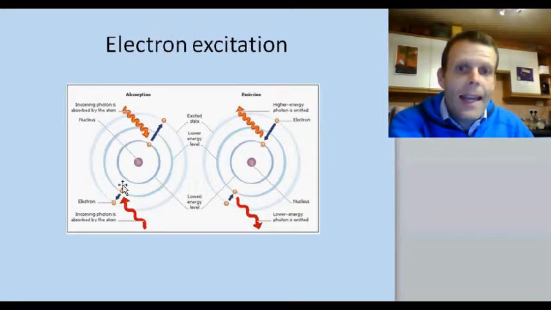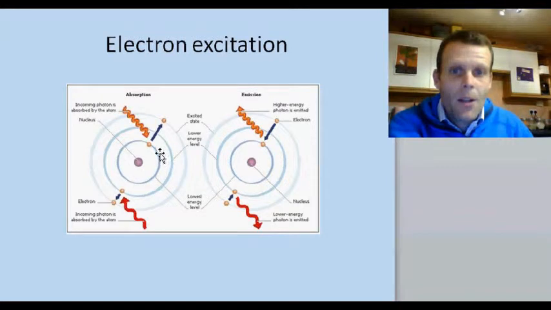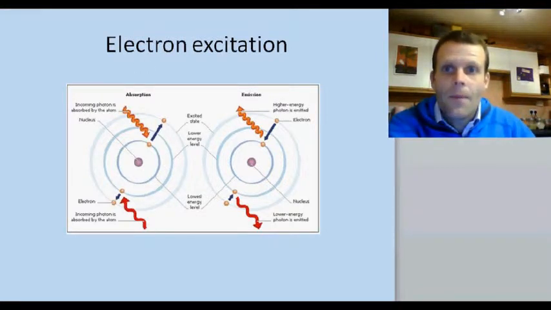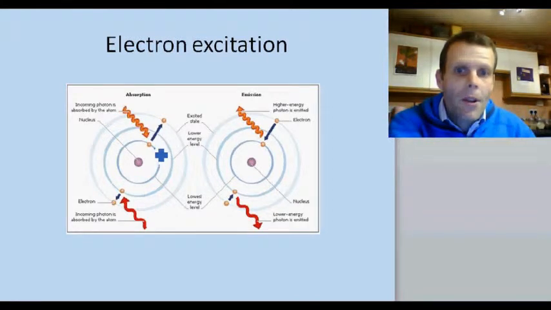If we heat up the atom, or we give it electricity, so we give it some energy, what we find is that the electron can go up to a higher energy level. So it gets further away from the nucleus. Eventually, it's going to have to drop back down again.